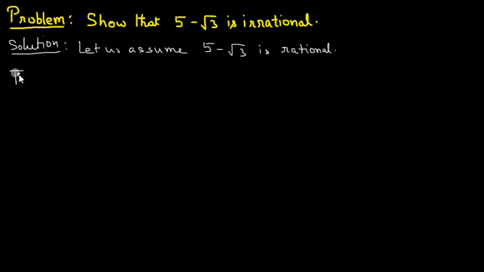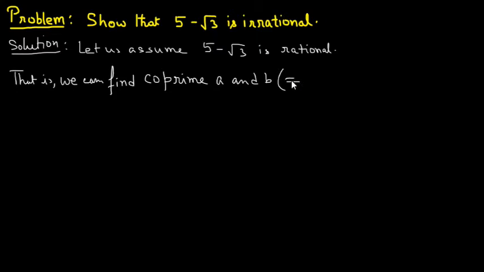That is, we can find co-prime a and b which are not equal to 0 such that 5 minus root 3 is equal to a upon b.